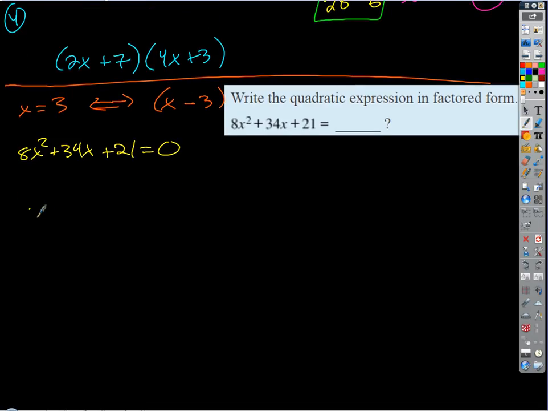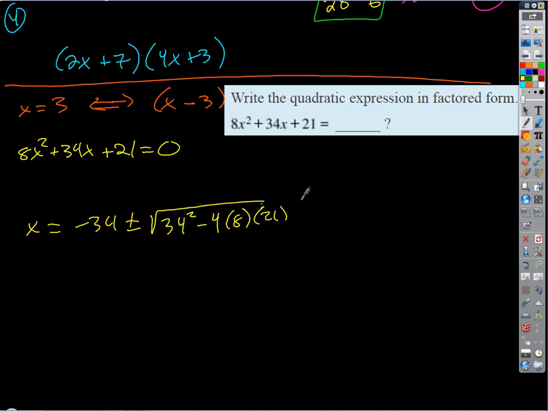So we end up with x equals negative b. You know the song, right? You got to remember the formula. So x equals negative b plus or minus the square root of b squared minus 4ac, right? A is 8, b is 34, c is 21.